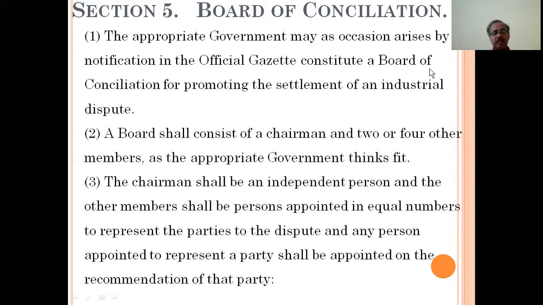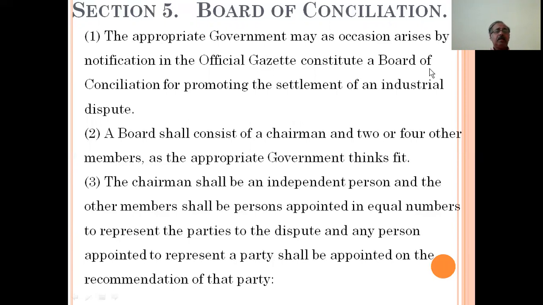A board shall consist of a chairman and 2 or 4 other members as the appropriate government thinks fit. The chairman shall be an independent person and the other members shall be persons appointed in equal numbers to represent the parties to the dispute, and any person appointed to represent a party shall be appointed on the recommendations of that party.